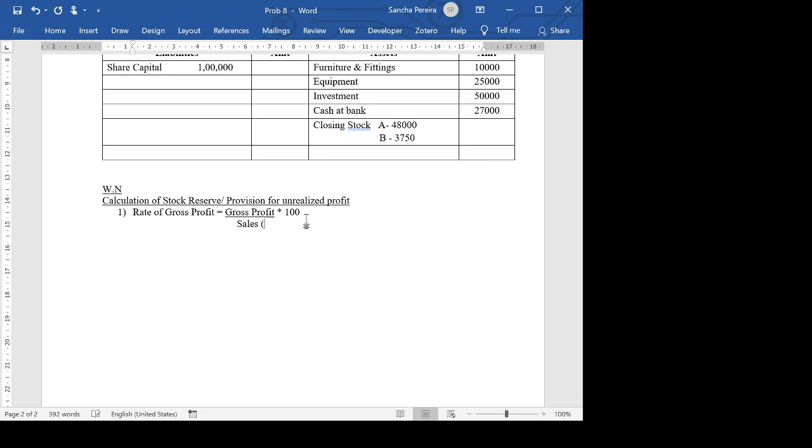Now these sales also include interdepartmental transfers. When we are talking about sales, we just do not take the sales, but also we take the sales including interdepartmental transfers.